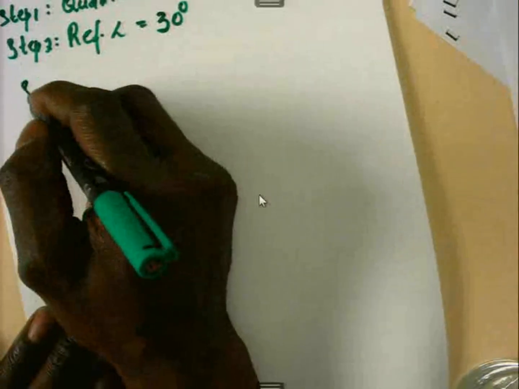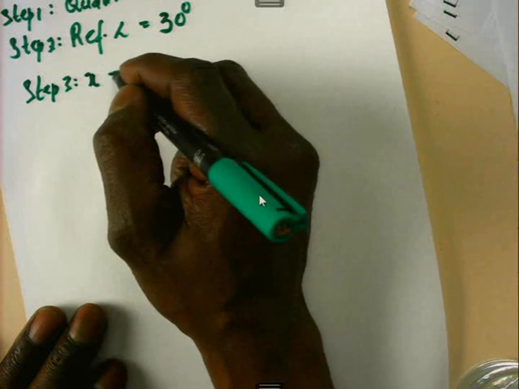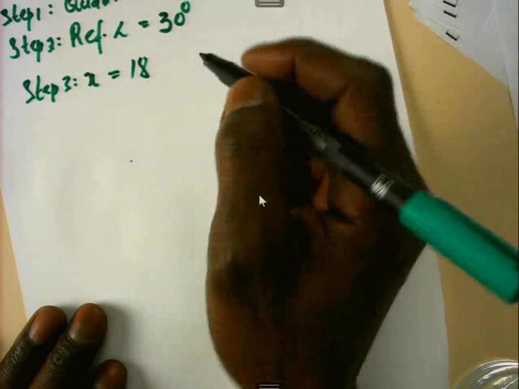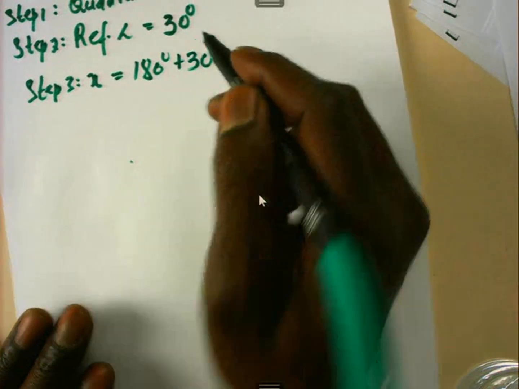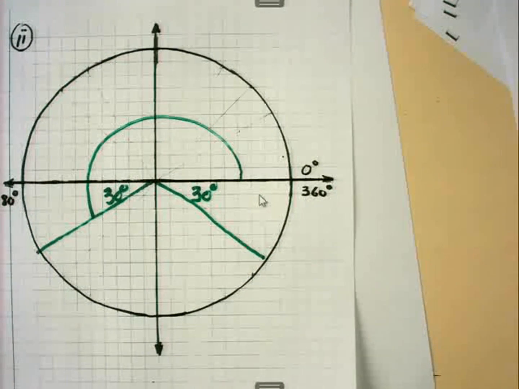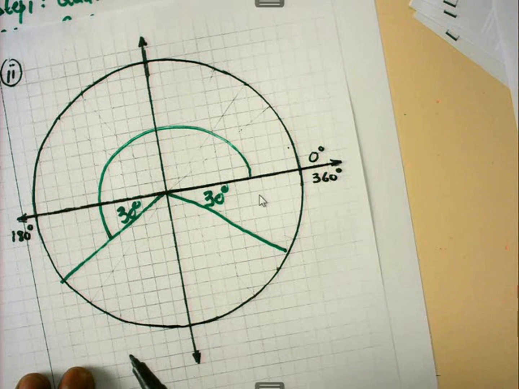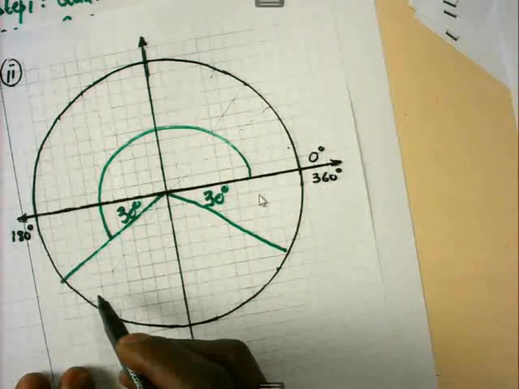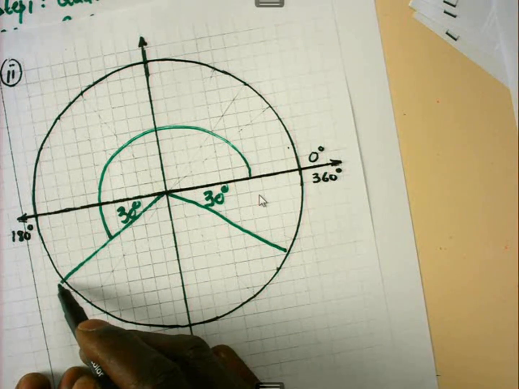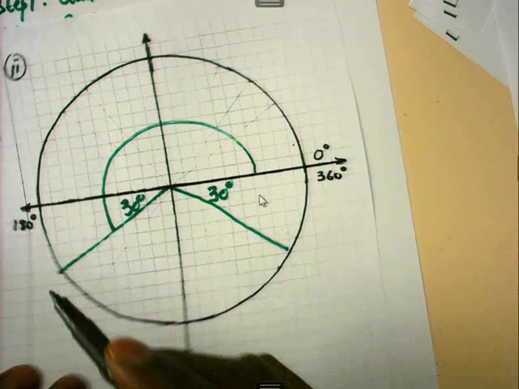So step 3, solution for x. x will be equal to 180 degrees plus 30 degrees. As we have indicated earlier on, we can rotate 360 degrees, come back to this same point, and rotate another 360 degrees, come back to the same point.